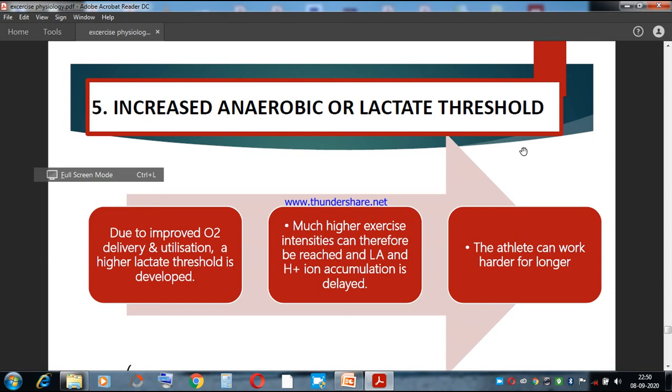Much higher exercise intensity can therefore be sustained, and lactate and H plus ion accumulation is delayed. That means the threshold is increased. The athlete can now work harder for longer, without any fatigue.